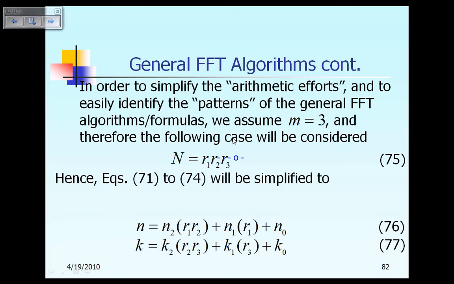So equation 76 and equation 77, corresponding to the situation where N equals the product of the 3 integers R1, R2, R3, are very similar to what we discussed before. Okay.